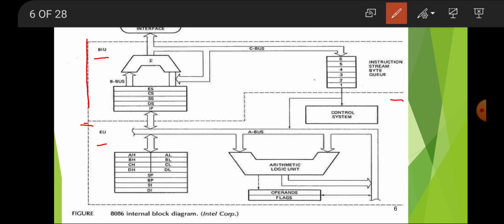Now before going to the BIU, you can see that every block in the diagram is a square or rectangle, but there are only two blocks with a different structure.